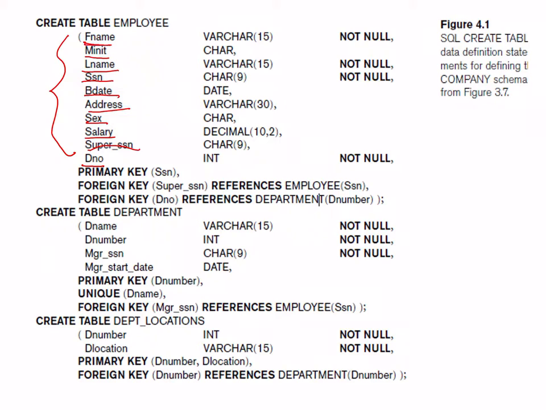So the first name attribute has the data type varchar, the length is 15, and it is not null. The second one has only char. Last name has varchar 15, not null.